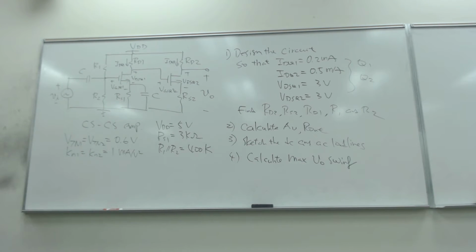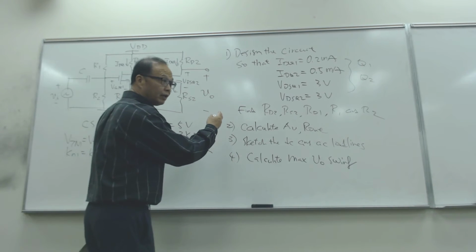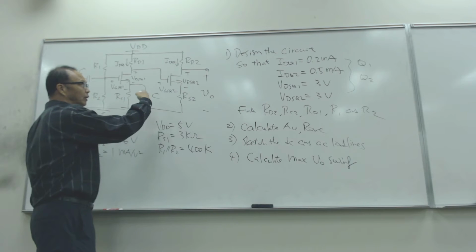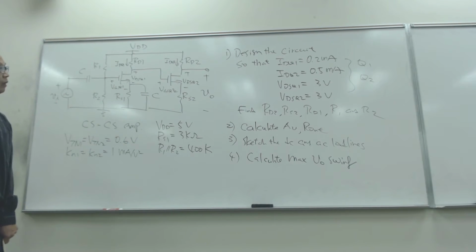Yes? Okay, I try to label this as clear as possible. Because this is a design problem, right? So there's no set procedure. You just have to try to see what information you have, and then you proceed. Okay.